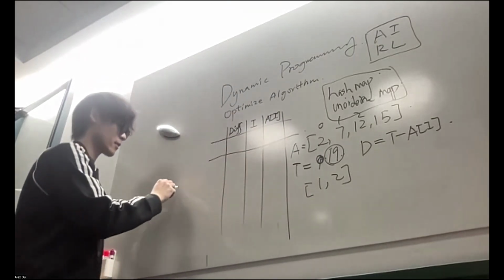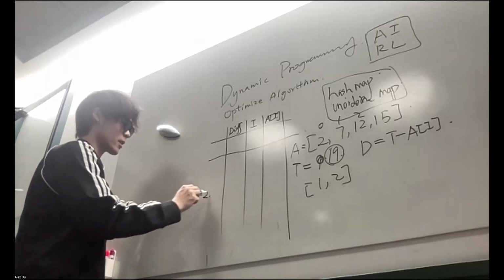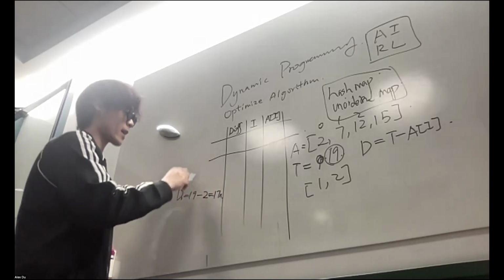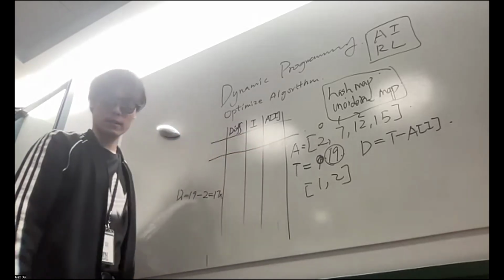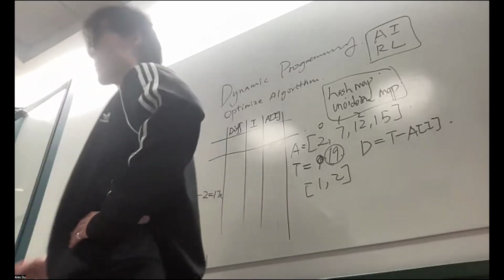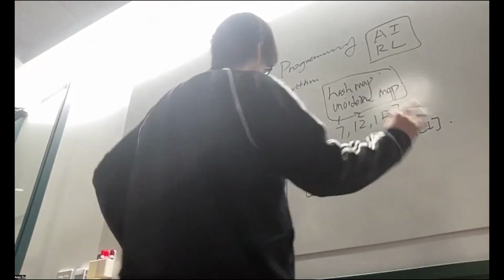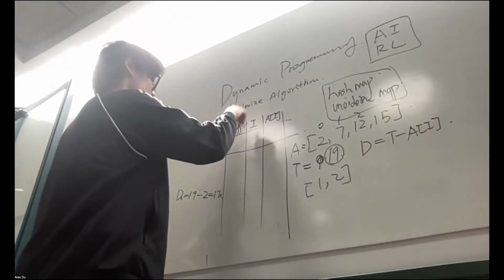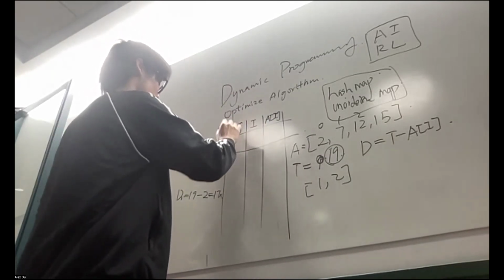In the first round, D0 equals 19 minus 2, and that is 17. You pass the 17 inside because the memorization, the dictionary or the unordered map, doesn't see it yet. So you save this one inside, and you pass this down.